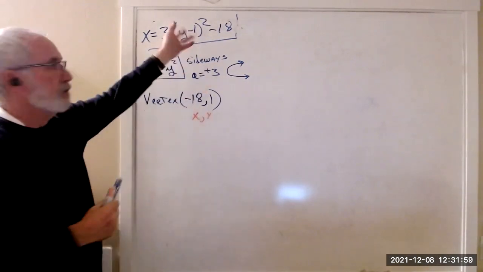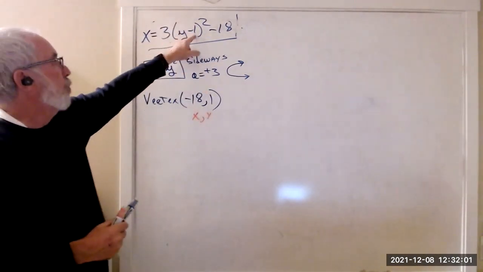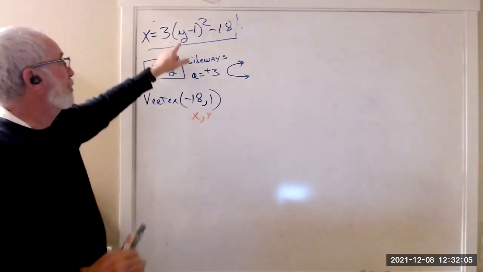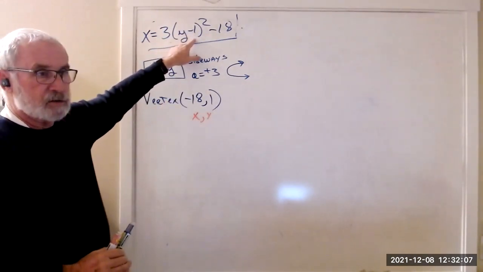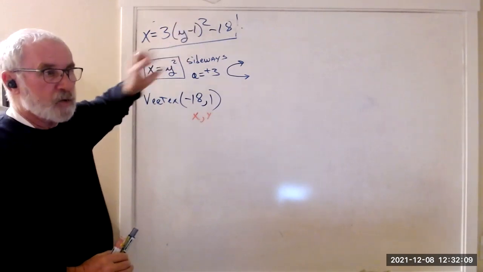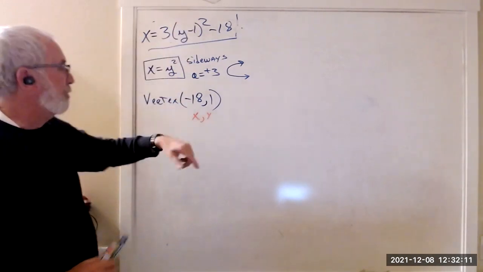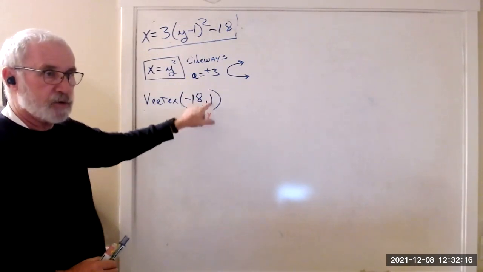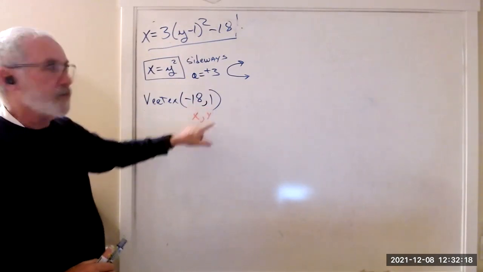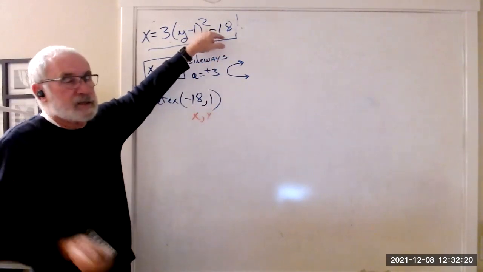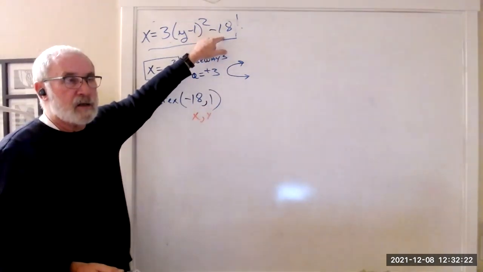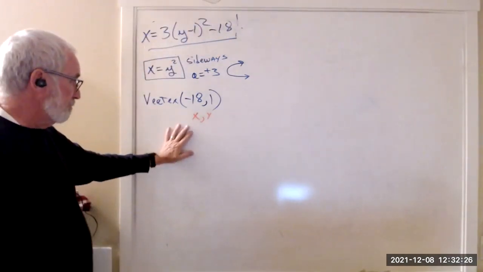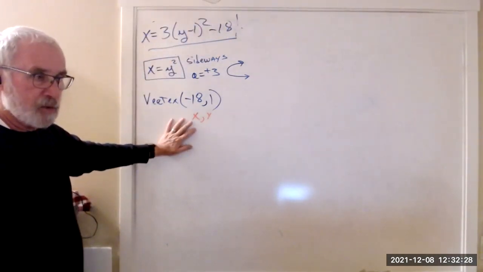It's the equation that's backwards. So this 1 is with the y in the parentheses, so when we pull it out, we pull out the opposite. So we pull out +1, but it goes into the y position of the ordered pair. This is left to be the x. That's the only thing it can be. But because it's not in parentheses, we just use it as it is, -18, 1.